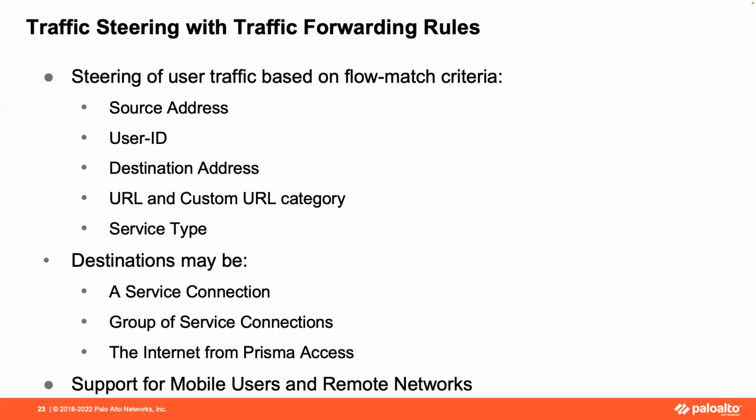So therefore, I can make routing rules to determine what needs to go down a service connection to a data center, or what needs to go down a service connection to one of many different data centers, or what needs to just go straight out to the internet, which is the default path. And this works for mobile users and remote networks.